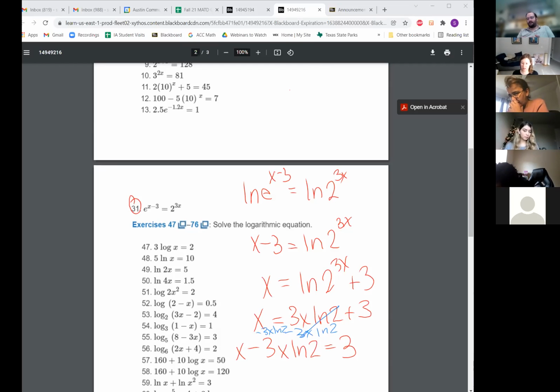Jerry, any ideas? Would you combine them? We can't really subtract them because that ln 2 is kind of messing it up, right? If it was x minus 3x, we'd get negative 2x and we could subtract them. But since that ln 2 is there, we can't combine them like that. It's a good idea, just won't work for this problem.